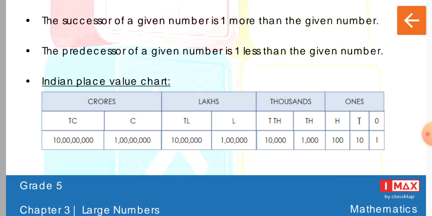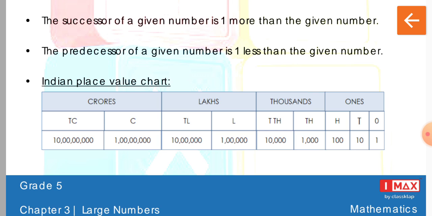Ones, tens, hundreds: these three places come under the ones period. 1,000 and 10,000 come under the thousands period. Lakh and 10 lakh come under the lakhs period. And crore and 10 crore come under the crores period.